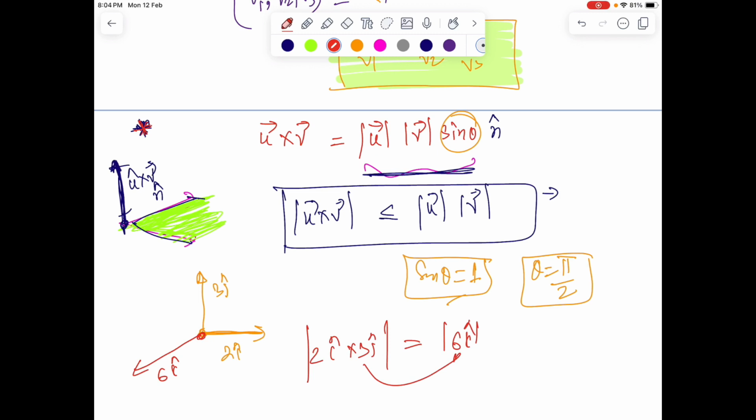So clearly the magnitude of 2i cross 3j is the same as the magnitude of 6k. This equality case happened because this magnitude times this magnitude, 3 into 2, equals 6 in terms of magnitude. This happened because the angle is 90 degrees.